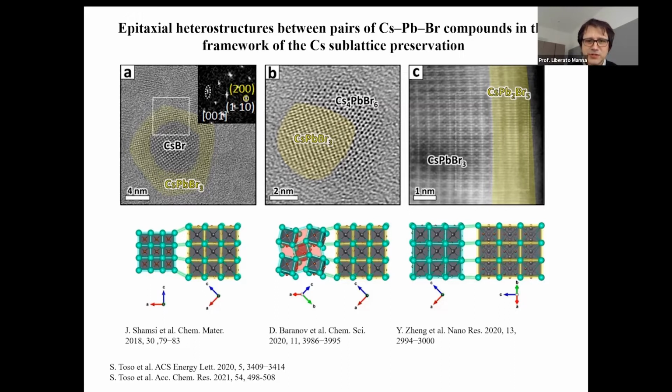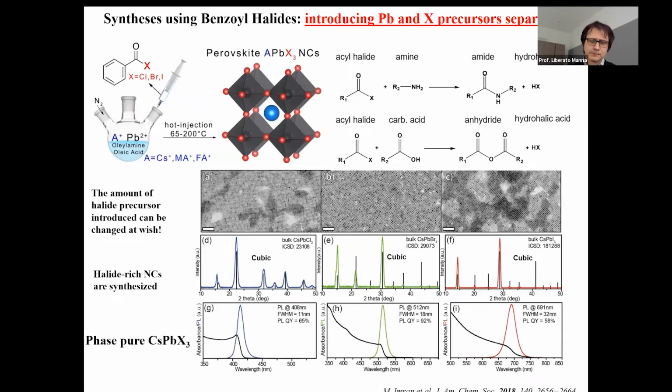All these transformations are triggered by the addition of lead bromide to a starting cage of cesium bromide. And you see also that here the transformation and the epitaxial interface are guaranteed by the continuation of the cesium cation framework.